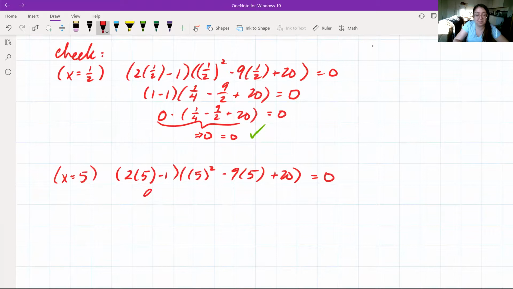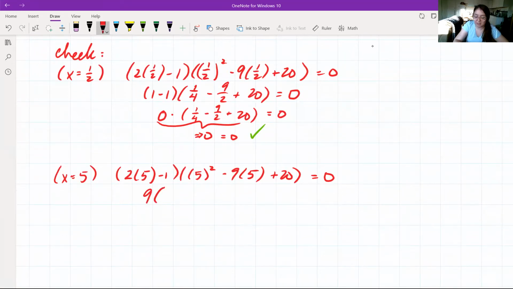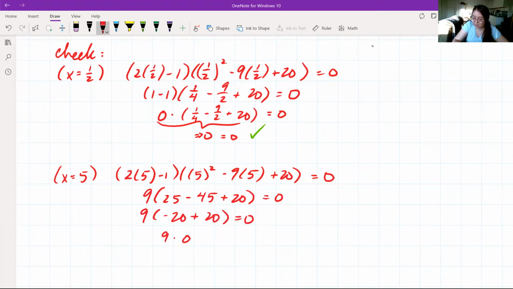Minus 1 is 9. So we get 9 times 5 squared is 25 minus 9 times 5, which is 45, plus 20 is equal to 0. 25 minus 45 is negative 20 plus 20, which is 9 times 0, which is going to be 0. So x equals 5 is also correct.